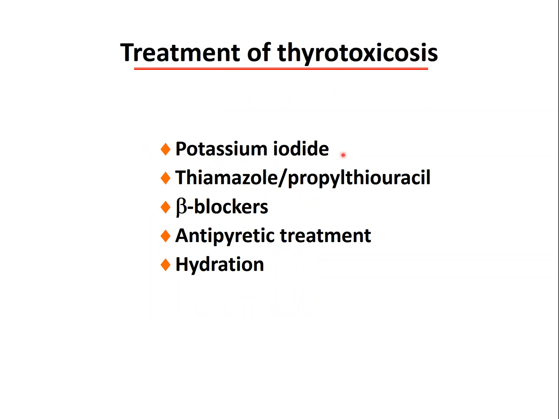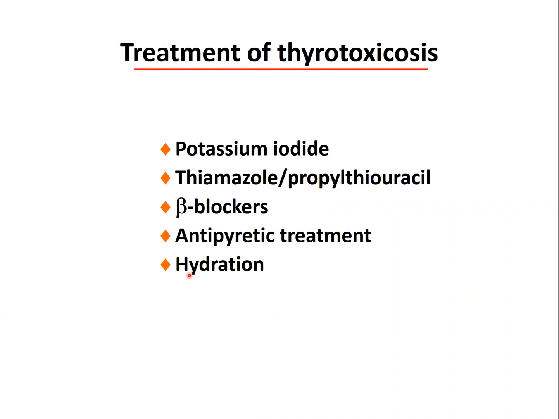Basically, they give iodine to suppress the gland, to suppress the release of thyroxine. They have some inhibitors of thyroxine synthesis and iodine incorporation, beta blockers to control the heart rate, antipyretic treatment for the fever, and hydration, because this patient loses a lot of fluid.